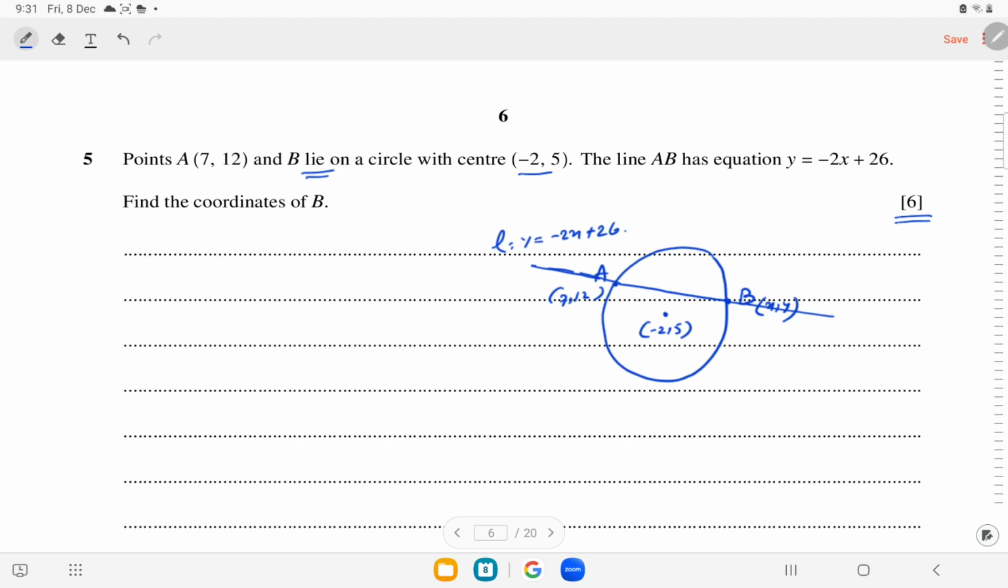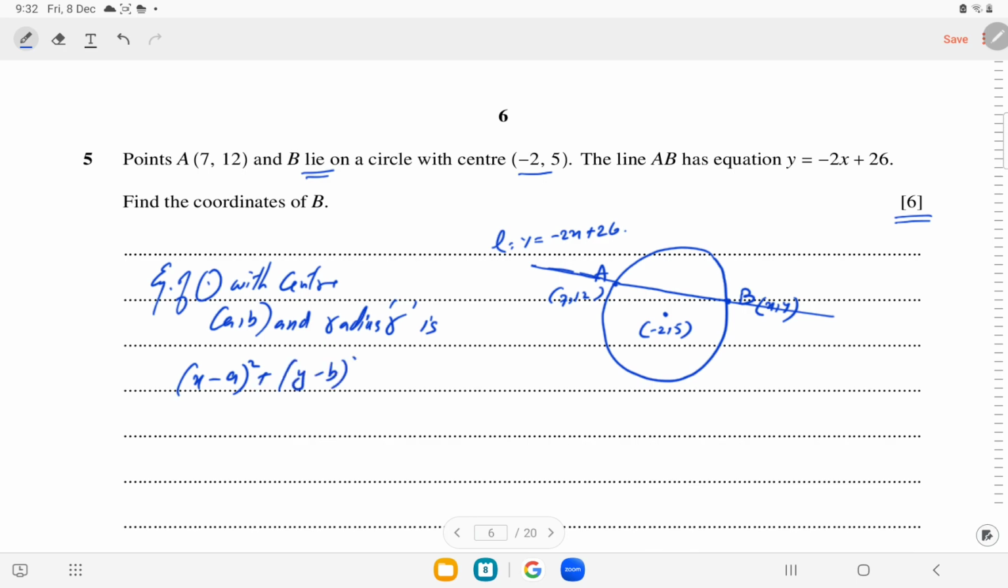So first of all, the equation of a circle with center (a, b) and radius r is formulated as, we know that (x minus a) square plus (y minus b) square is equal to r square, right?